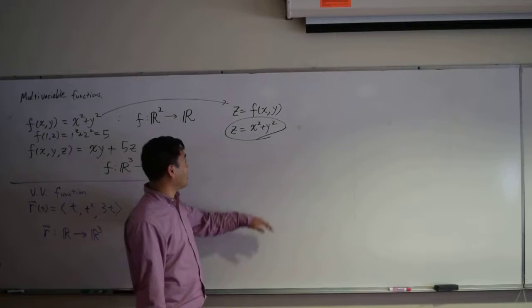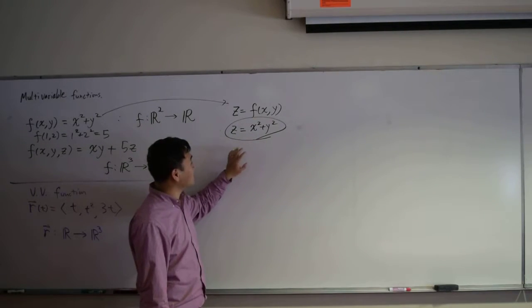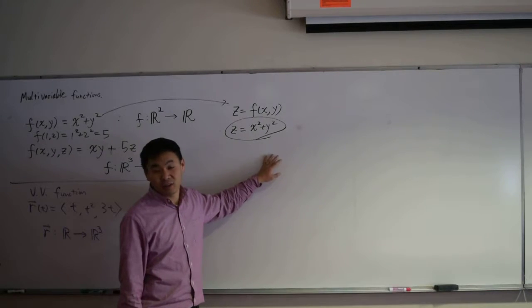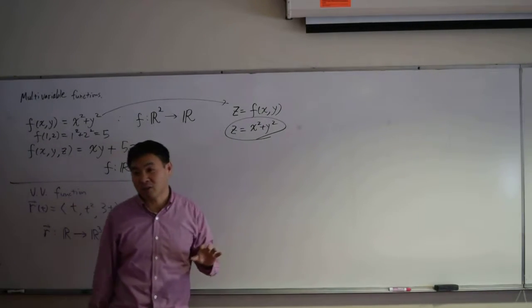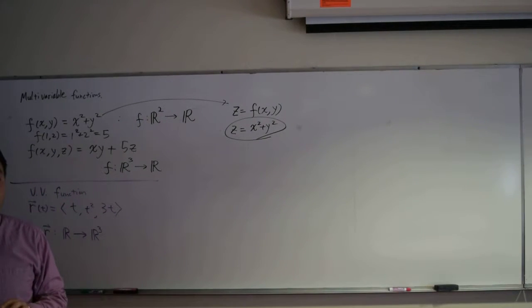And if you recall, if it was z equal to x plus y simply, what did you get? What kind of object in 3-dimensional space was it? Is it a line?